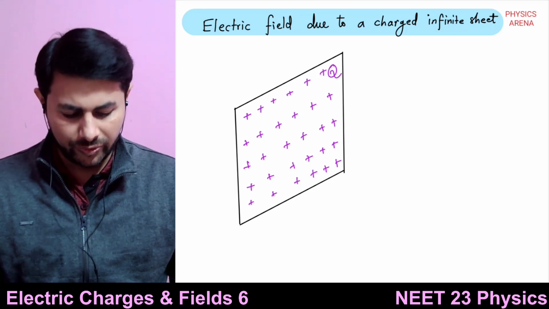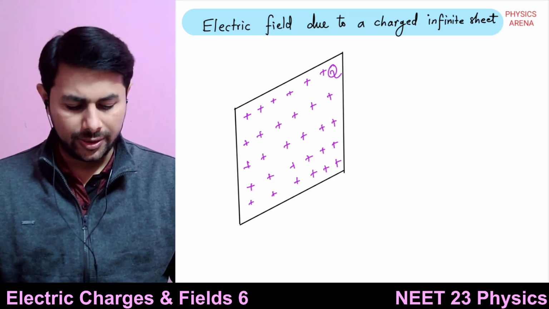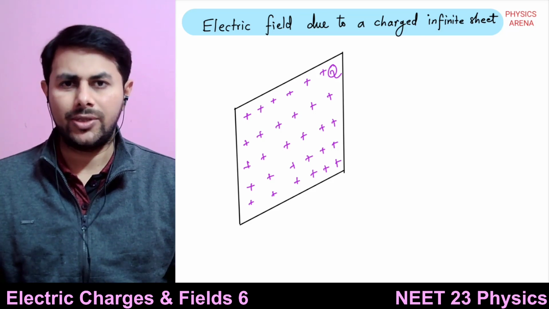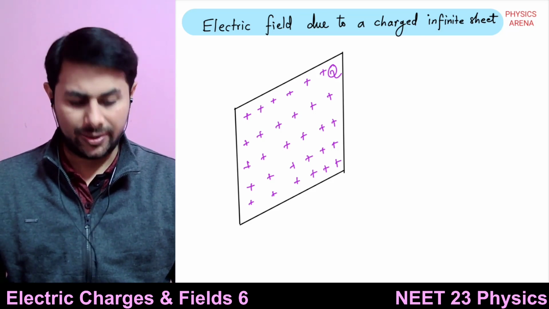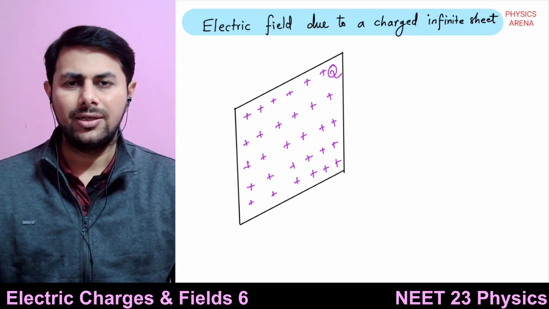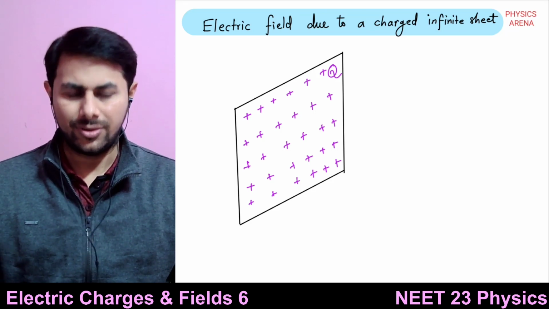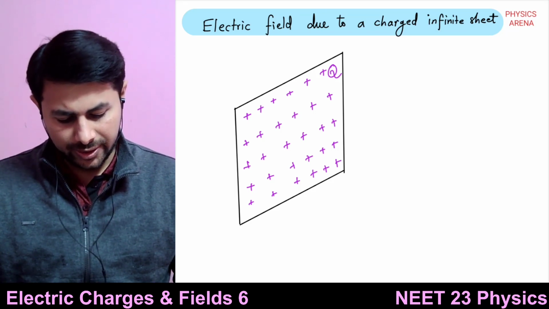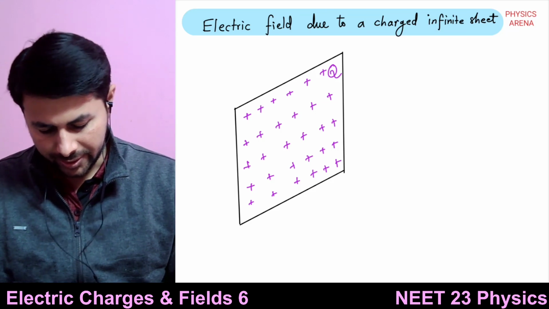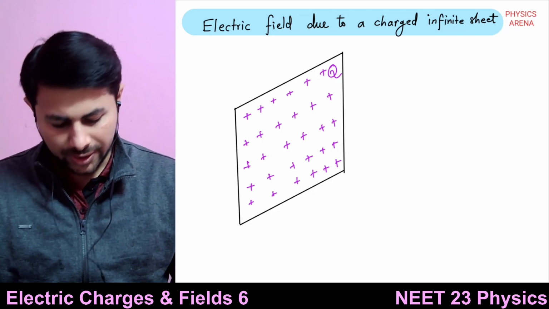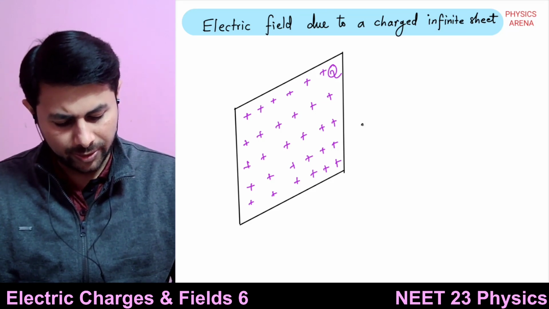So what do we have to do here? If charge is uniformly distributed on the area of the sheet, we can define a quantity known as surface charge density. So we are interested in finding out the electric field due to this charged sheet at this point.